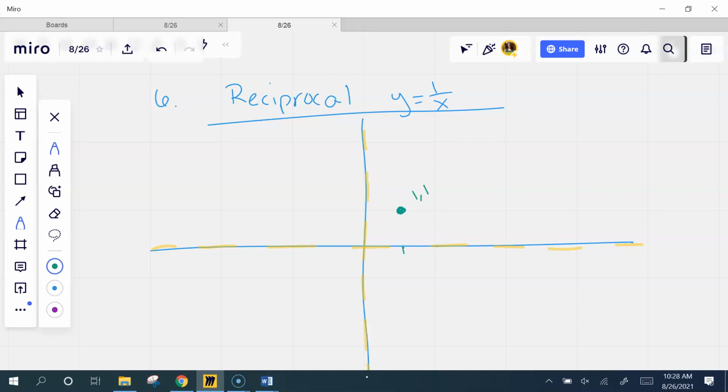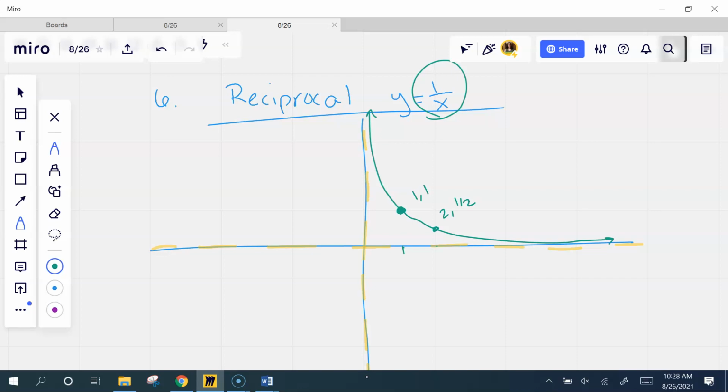Look at my equation. 2 would be 1/2. So it's going to come and hug this asymptote, hug this asymptote. But that's not all of the graph. There's another piece of graph.